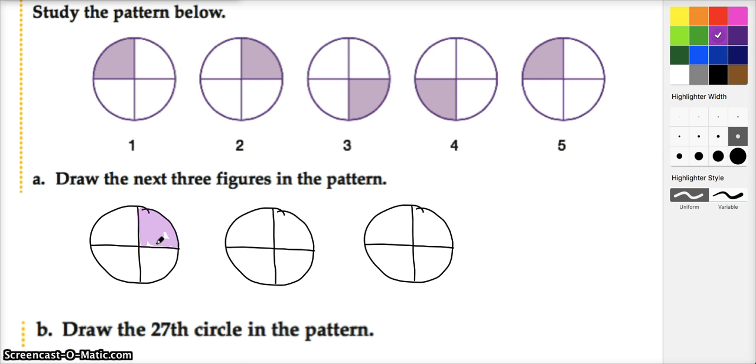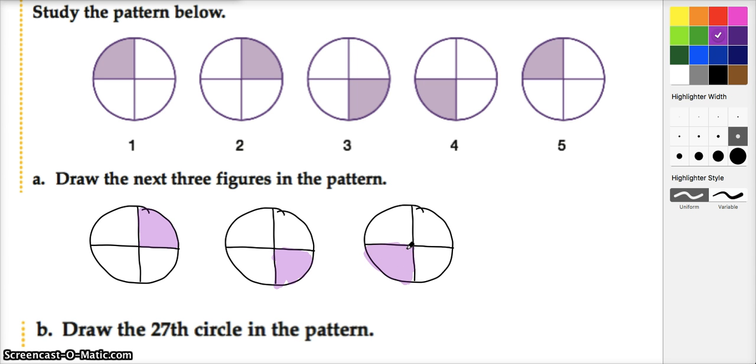What we do when we look for a pattern is we use the information previous to what we had. So I'm going to be shading down to the right, and then the last one I will shade down to the left. Make sense, guys? I hope so. Not too difficult.